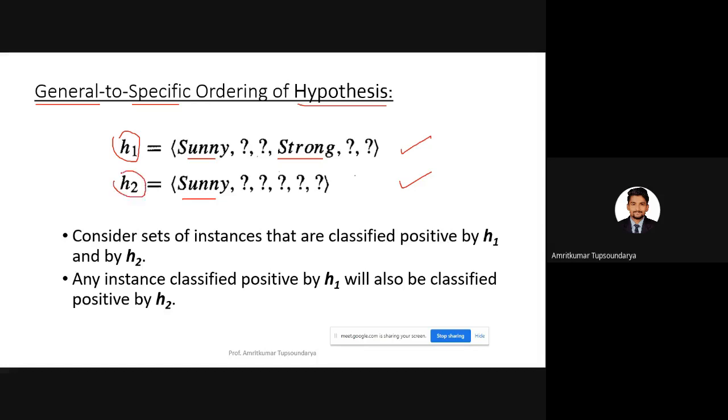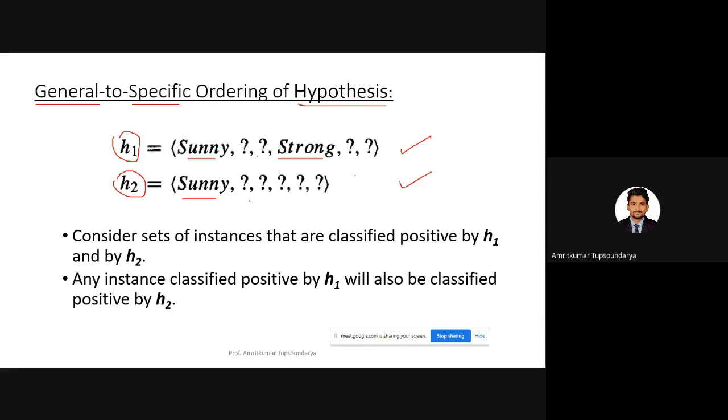But in hypothesis H2, we are only giving one constraint, that the first attribute has to be sunny. Others are question marks, that means they are don't care conditions, we are not bothered about any specific value there. So H2 imposes fewer constraints on the instance, and it classifies more instances as positive.